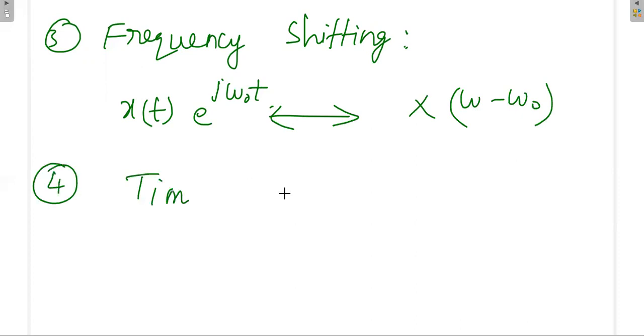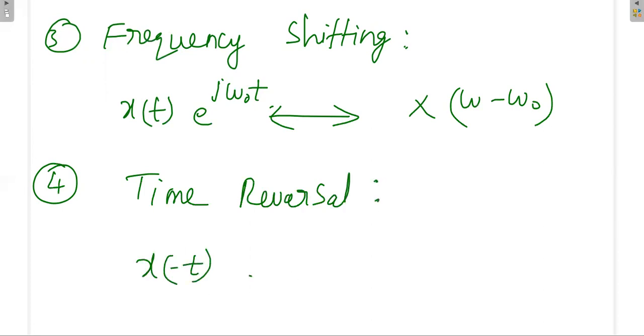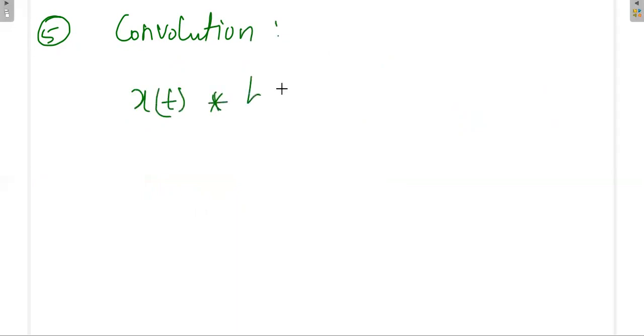Time reversal: x of minus t Fourier transform pair X of minus omega. Convolution: x of t convolution with h of t Fourier transform pair X of omega multiplied with H of omega.